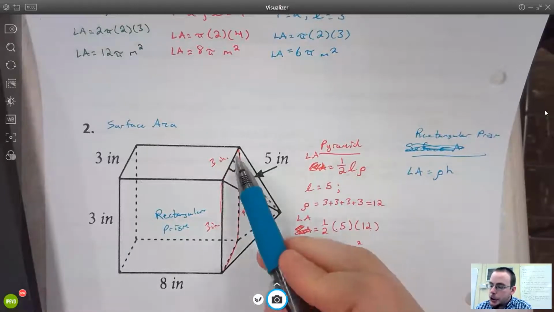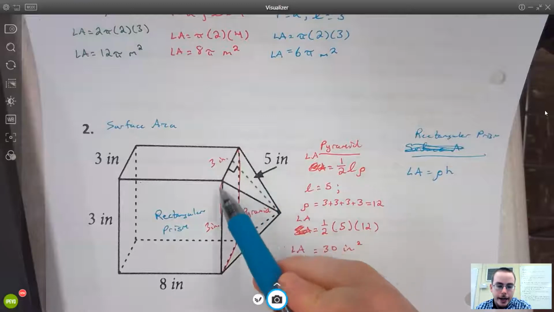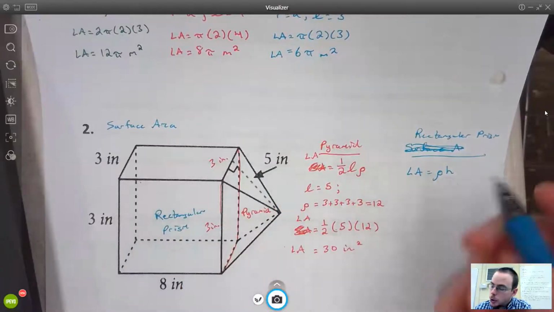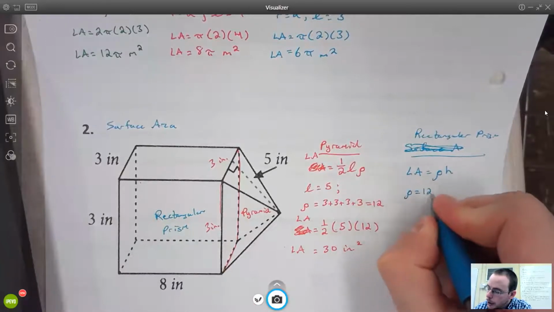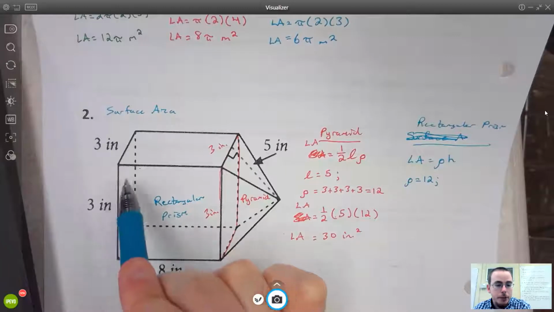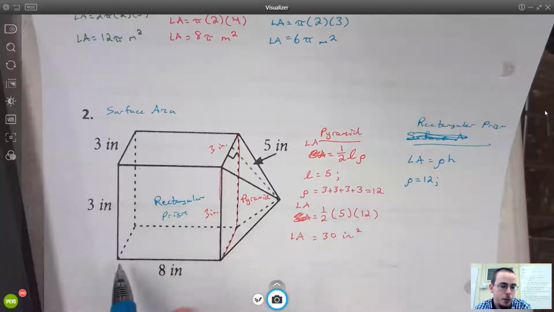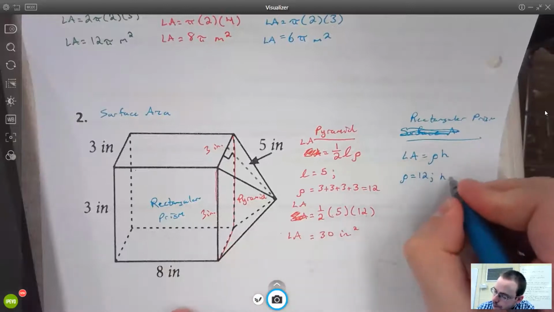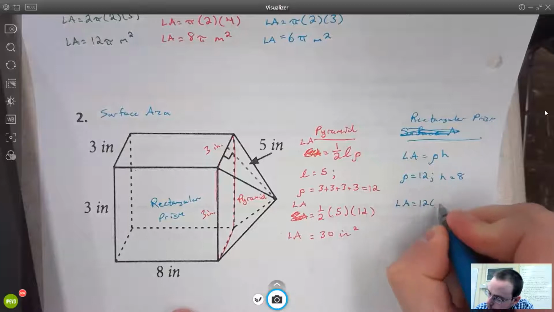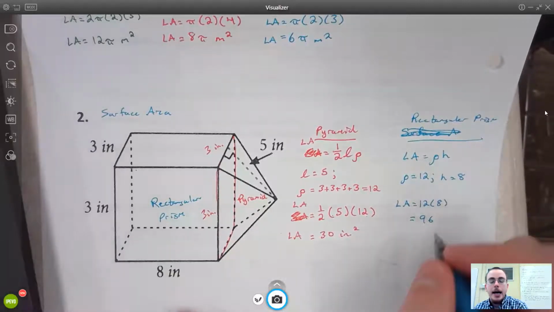Because it shares a base with that pyramid, I'm going to use this side as our base. So we already know that P is equal to 12. And if we set the prism up top on the base, then 8 would be our height. So your lateral area would be equal to 12 times 8, which is 96.